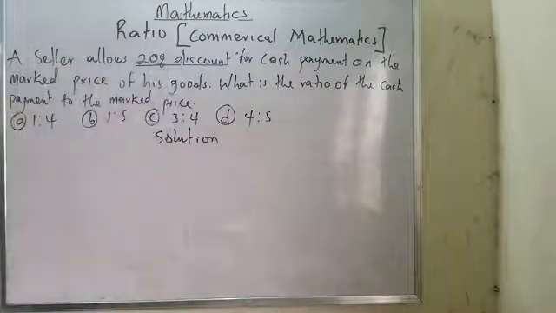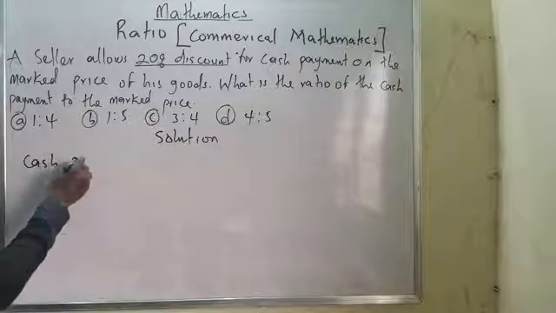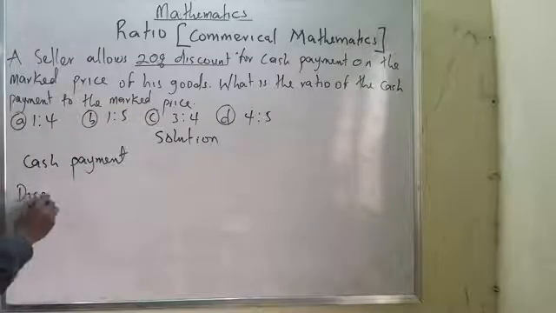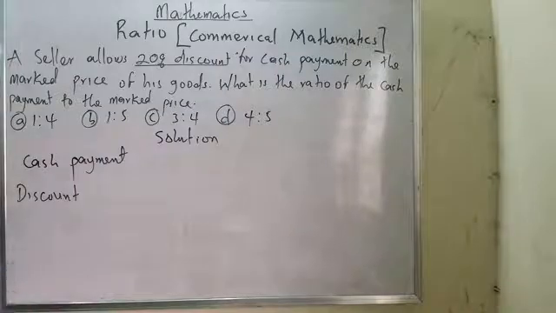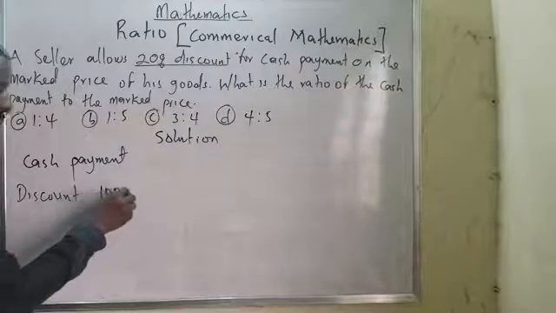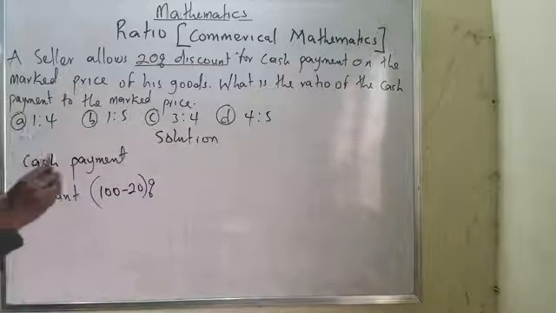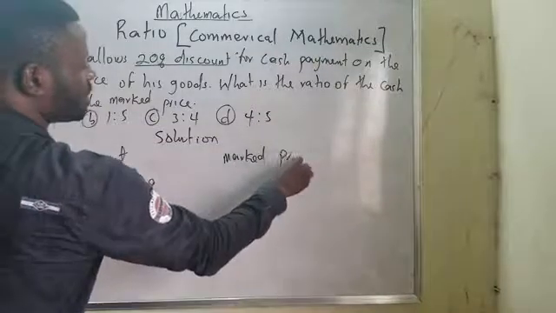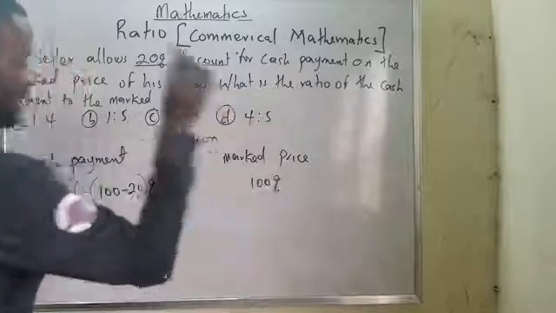Firstly, how do I deal with cash payment, which is discount? We have a discount of 20%. How do I deal with discount? 100 minus 20 in percent. Now, the marked price will be 100%.